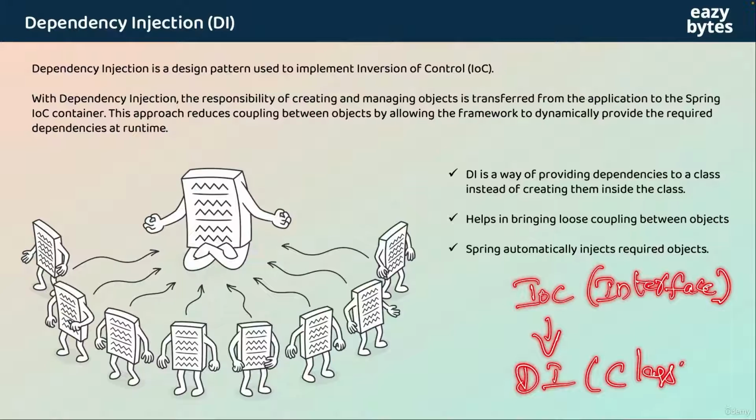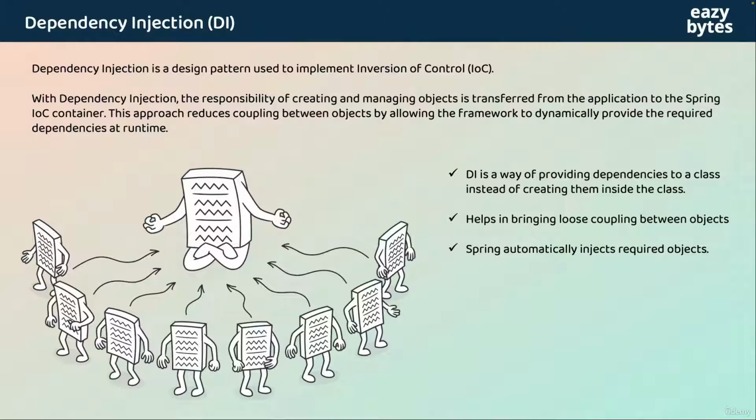whereas dependency injection is like a class which implements this interface. With dependency injection, frameworks like Spring are going to understand what dependencies a particular class has inside a web application. All these dependency objects will be created dynamically during runtime and will be injected into the dependent classes. That's why this name dependency injection came.